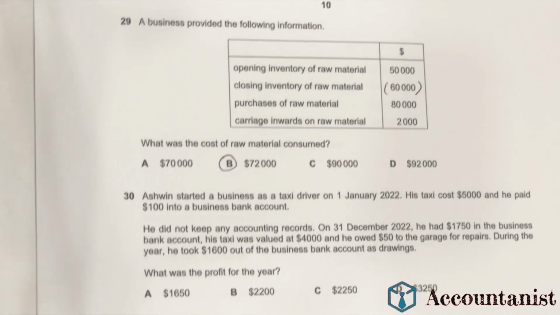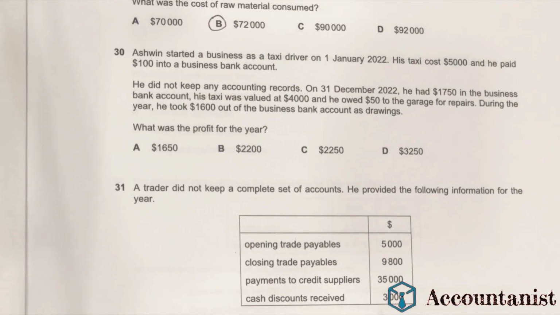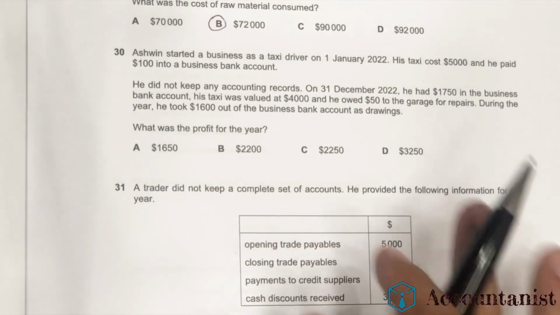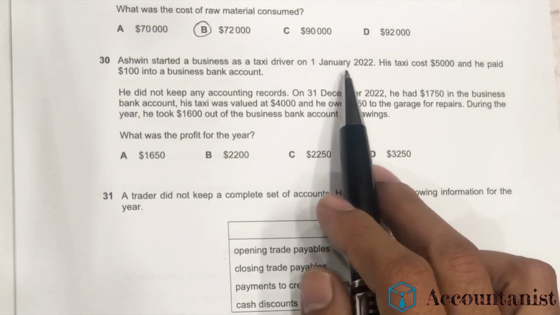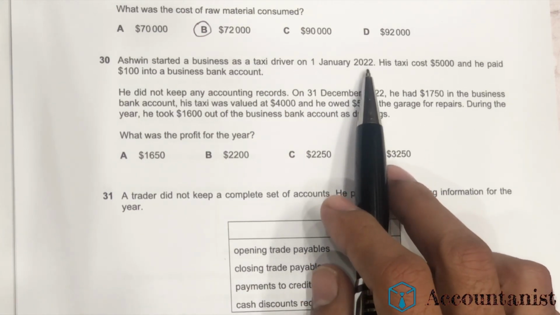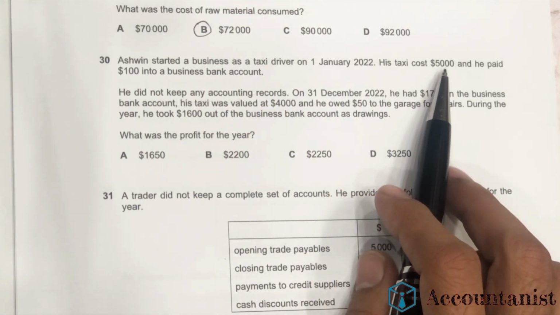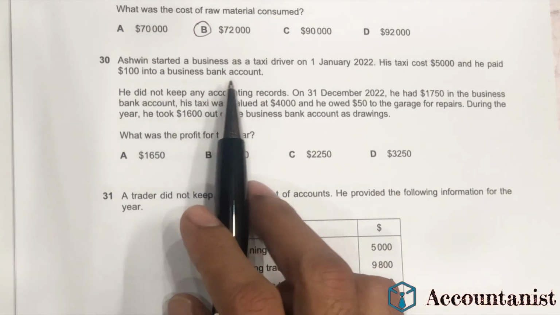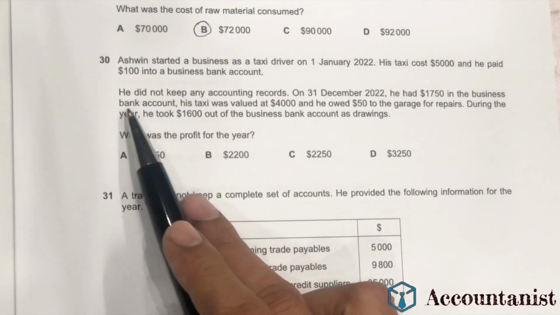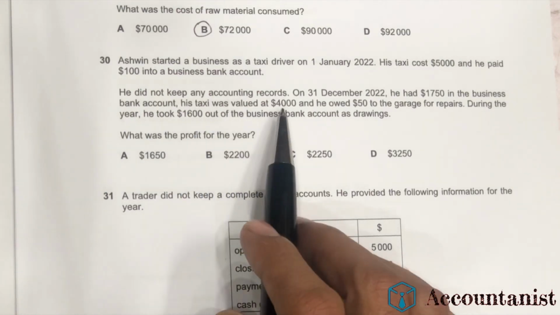So the next question, question number 30, says Ashwin started a business as a taxi driver. On 1st January 2022, his taxi cost $5,000 and he paid $100 into the business bank account. He did not keep any accounting records.